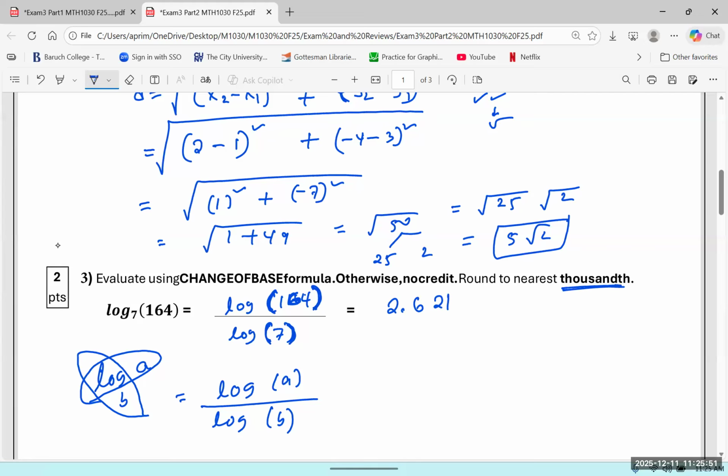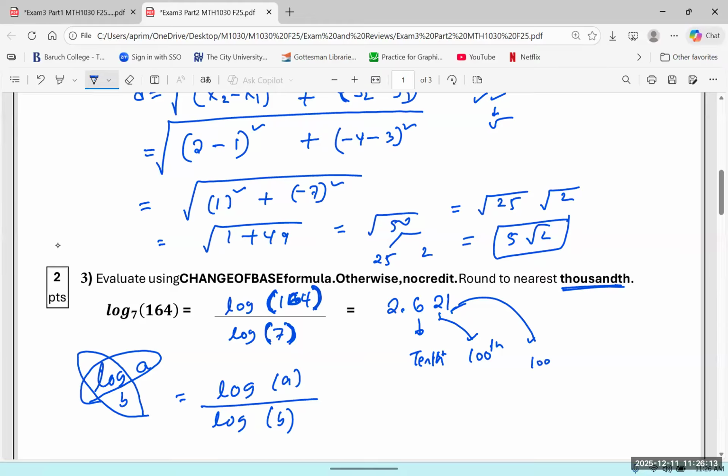Oh, I noticed one thing. You guys don't know your places. After the decimal, you never get ones. After the decimal, you start with tenths. So this is tenths. The next one is hundredths. This one.